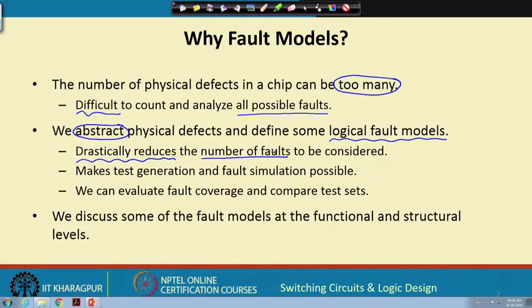And if we can reduce the number of faults, the subsequent steps of test generation and fault simulation become that much easier. And if we can count the number of faults, then we can also compute the value of fault coverage. We can analyze a circuit with respect to testability, that how many of faults are getting detected, which are the faults which are not so easy to detect, and so on.